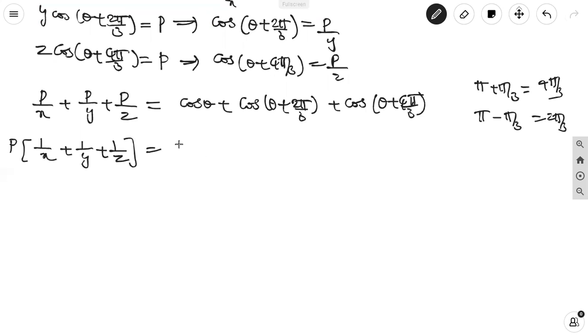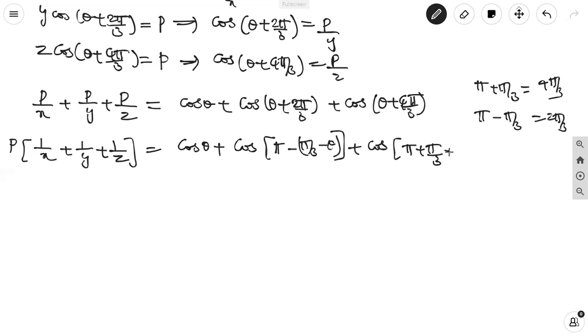Okay, here cos theta plus cos of (pi minus (pi by 3 minus theta)). Minus into minus gives plus, cos of (pi plus (pi by 3 plus theta)), that is 4 pi by 3 plus theta.